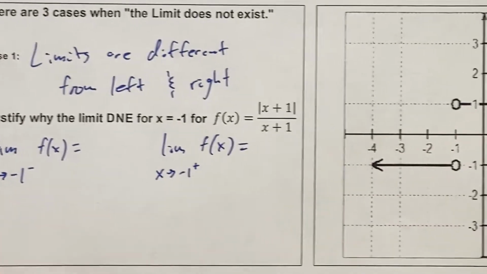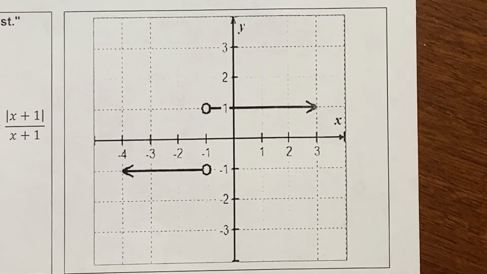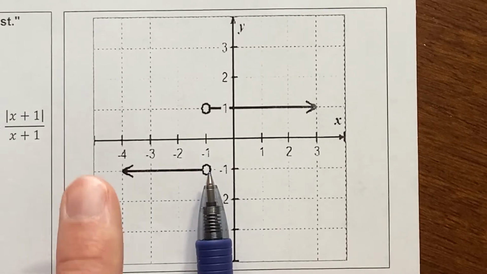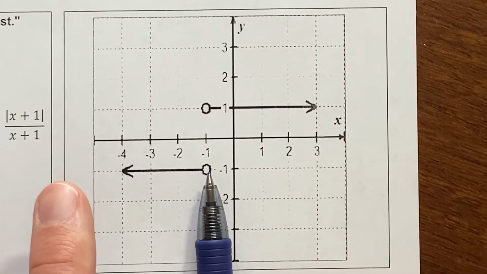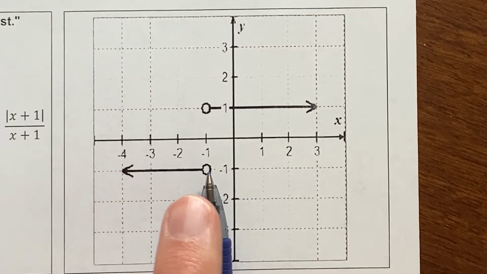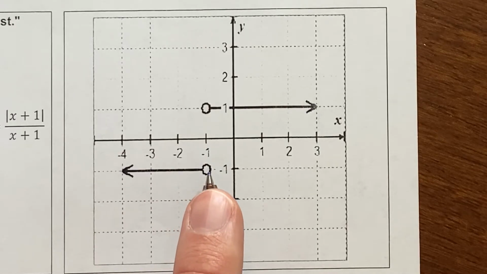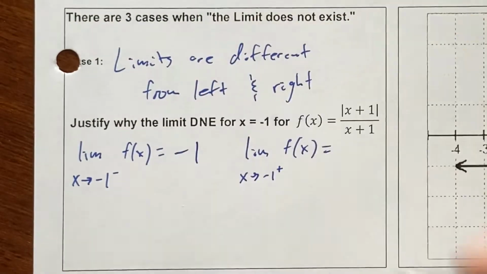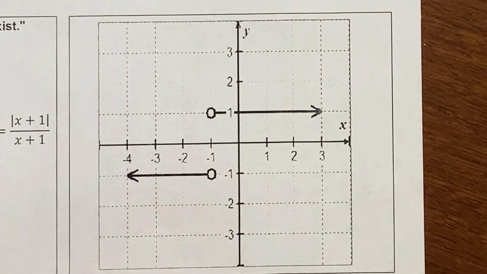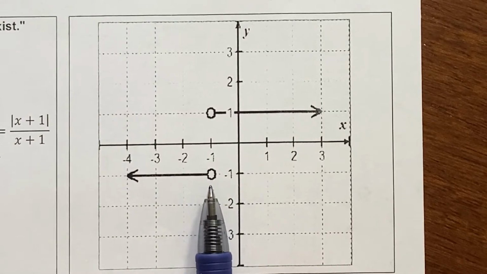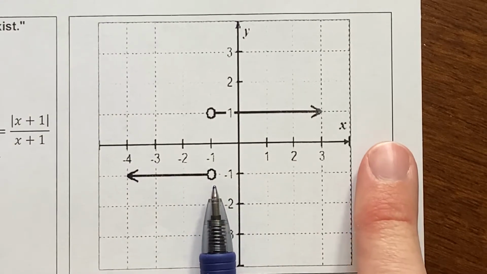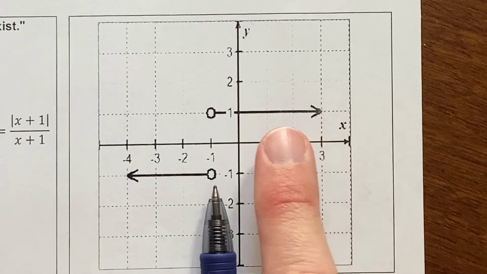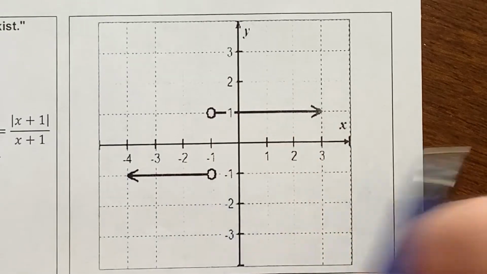So if I'm looking at x approaches -1 from the left side, what value of y am I getting really, really close to from the left? -1. If I look at it from the right side, so I'm looking at -1 right here, as x approaches it from the right side, I'm getting really, really close to +1.